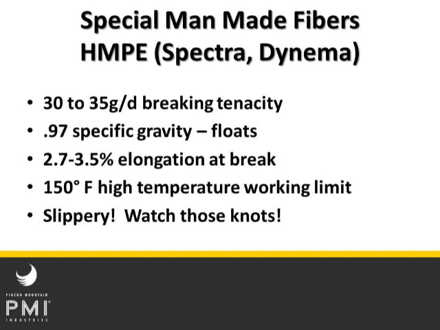The 150-degree melting point is the same kind of problem as you have with the polyethylenes, and that's because they're very similar fibers. The Aramids and these HMPEs are both basically modifications of other yarns that have been altered to line the molecules up straight, and you get a lot more strength out of them and a lot less elongation, but they still have the similar fibers of their family of ropes.